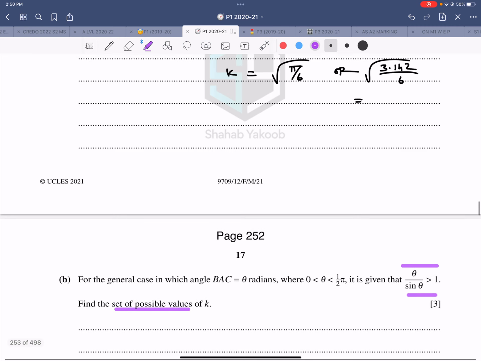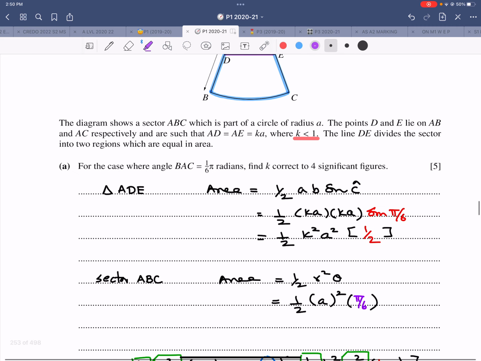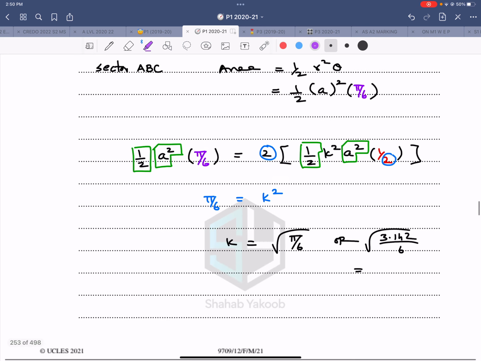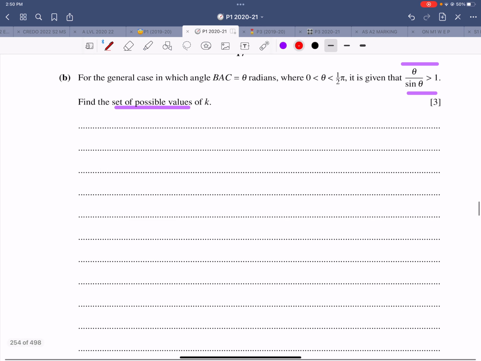First of all, the diagram is the same. This expression, area of triangle, is half k square a square into sine of pi by 6. This time, instead of sine of pi by 6, this is sine of theta.